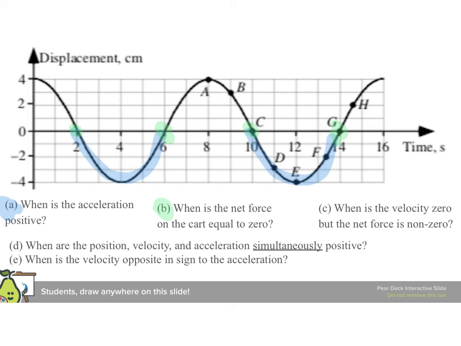When is the velocity 0, but the net force non-zero? Well, the velocity is 0, of course, whenever the tangent line is horizontal. And we see that because the position is non-zero there, the force is always non-zero when the velocity is 0. So that's when those are.